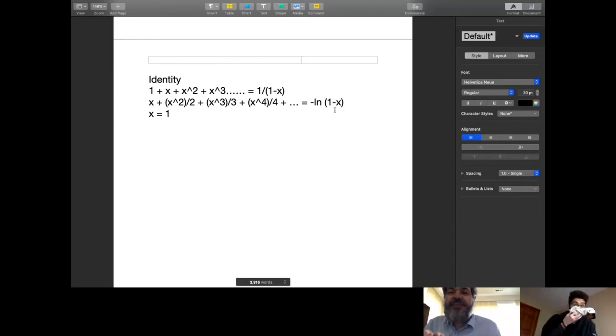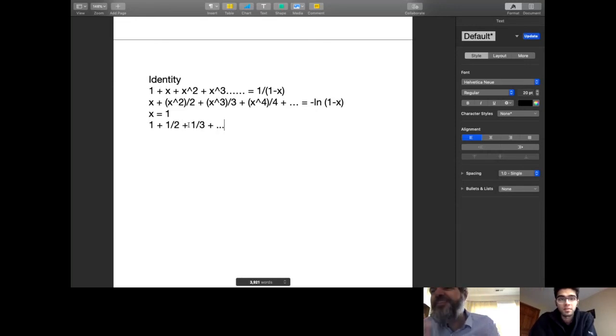What happens on the left side? How do you know it's infinity? It's 1 plus 1 over 2 plus 1 over 3. Oh, you mean this series? Yes. Plus 1 over 3 plus, I agree with you, it's still infinity, it's still divergent, because this is the harmonic series.